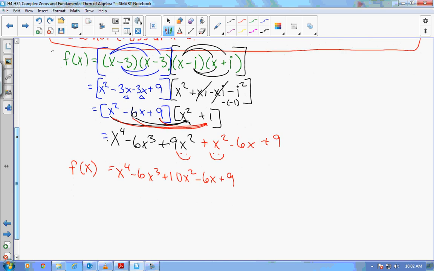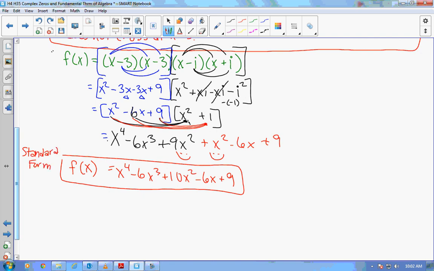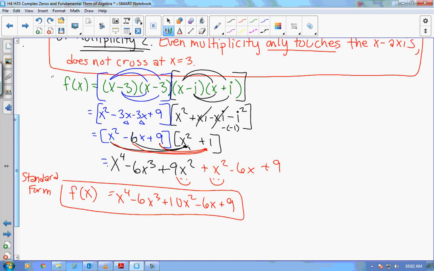Okay. So this is standard form, which is what we want to type into our calculator to see what the graph is looking like. So once you have that written down, grab your calculator. Let's go to y equals and type that in.